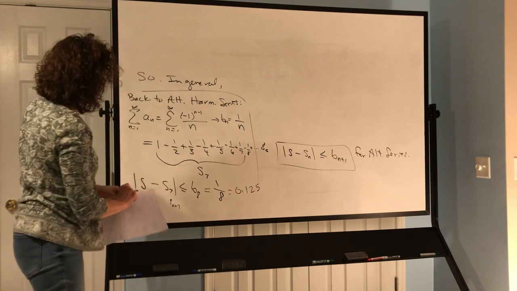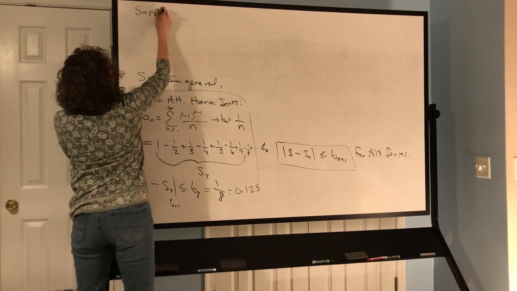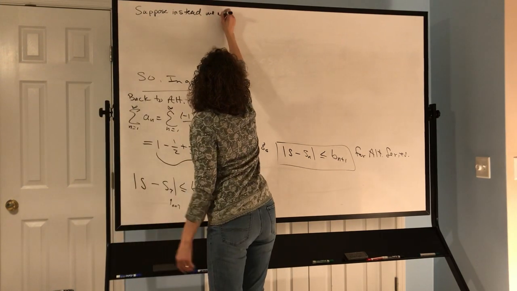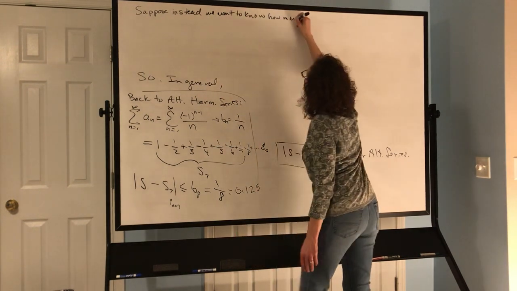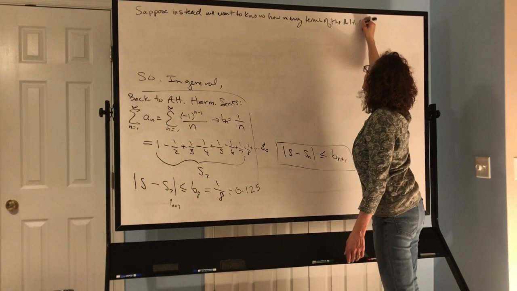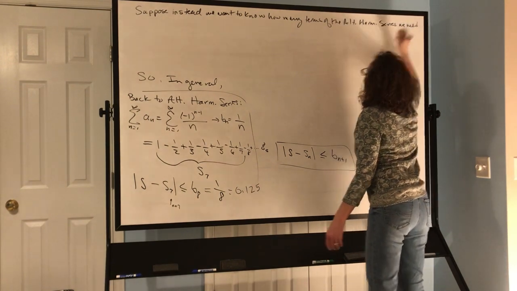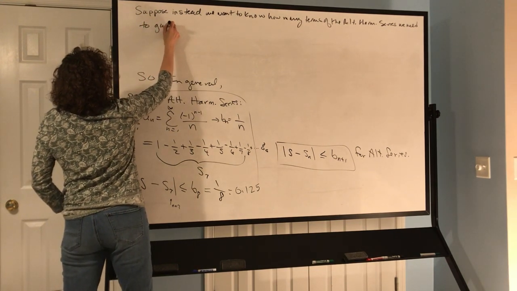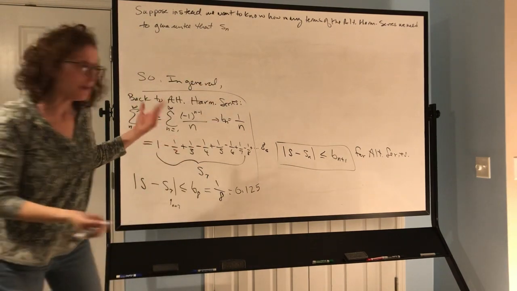So suppose instead we want to know how many terms of the alternating harmonic series we need to guarantee that the nth partial sum, Sn, what is n?